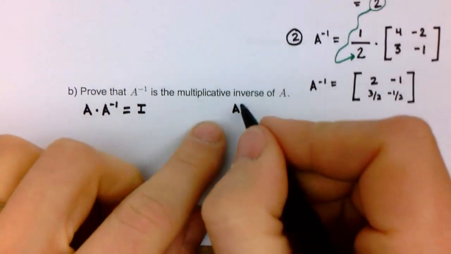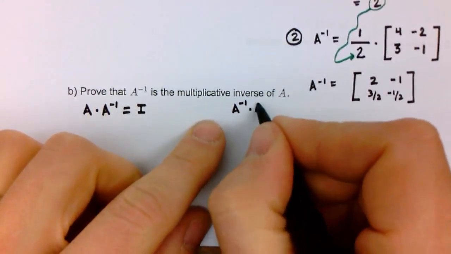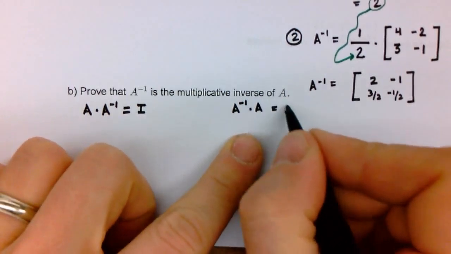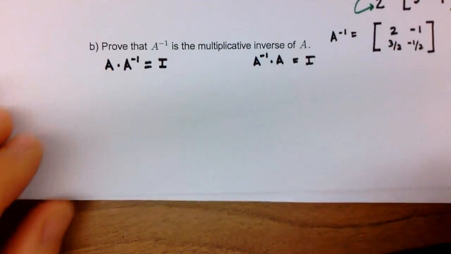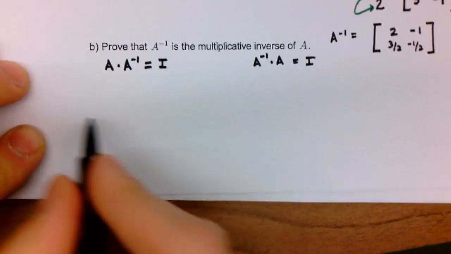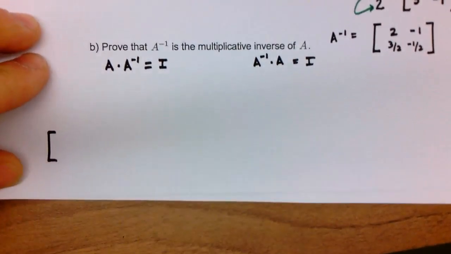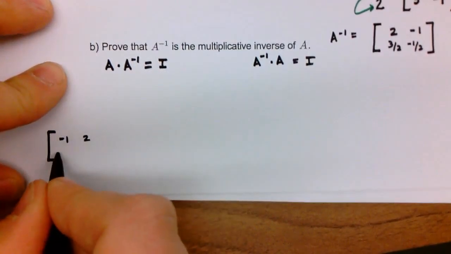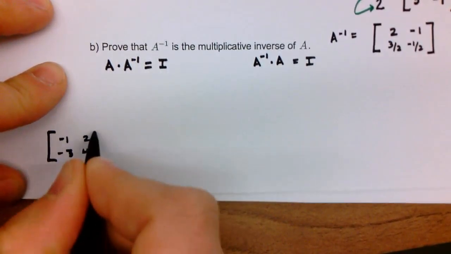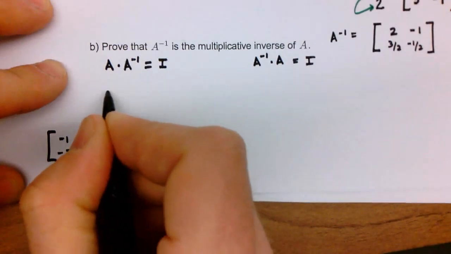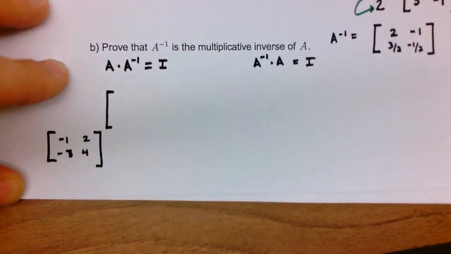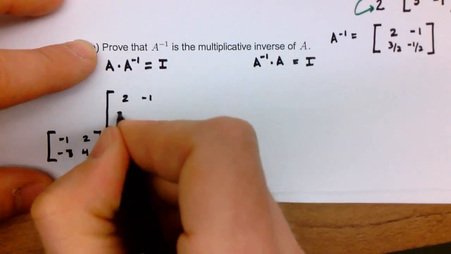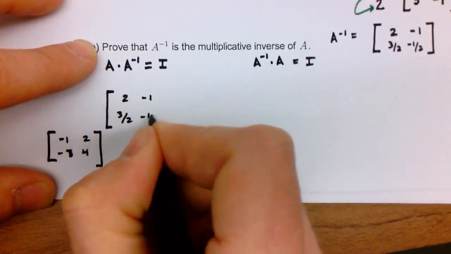It means they're not commutative. These have to commute. So when you switch the A inverse and the A, you still better get the identity. So let's just check that quickly for our 2 matrices. Our first one was negative 1, 2, negative 3, and 4. And our inverse is 2, negative 1, 3 halves, and negative 1 half.